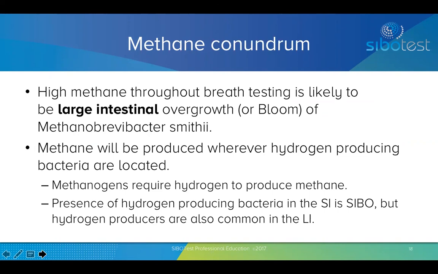They don't necessarily have a problem, and methane production is not a damaging phenomenon in the colon necessarily, unless they're really overgrown. It can be constipating, but not everyone will be constipated. So the issue here is that methane will be produced wherever hydrogen producing bacteria are located, because methanogens require hydrogen atoms to produce methane, and that is a really important concept.